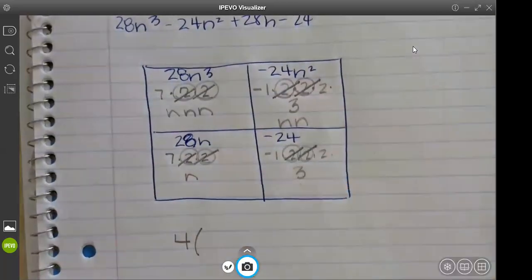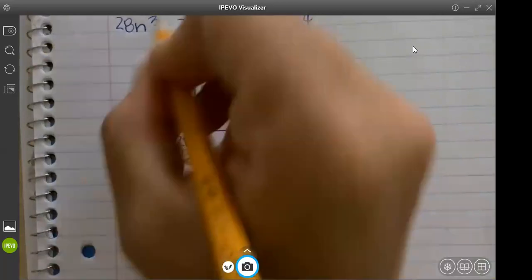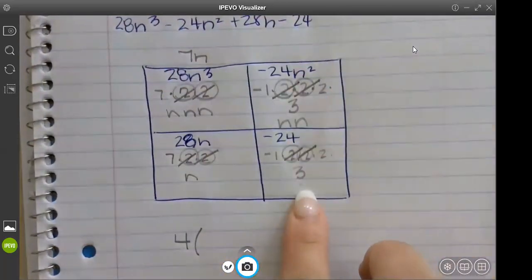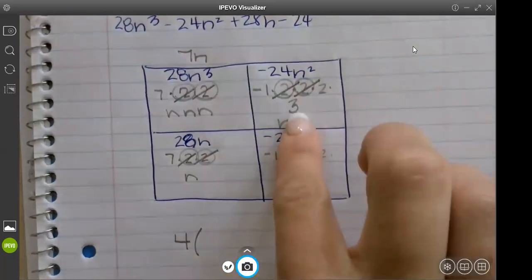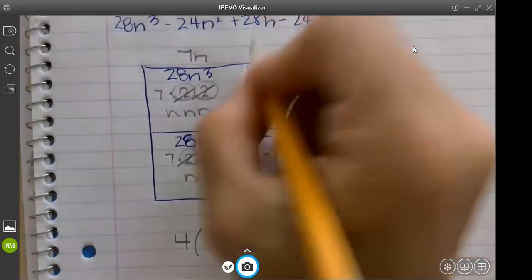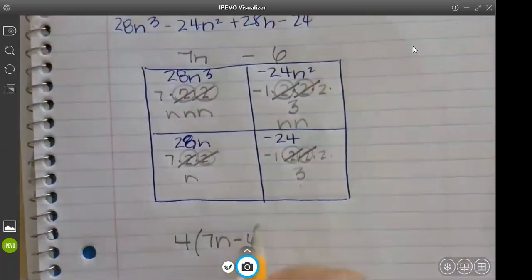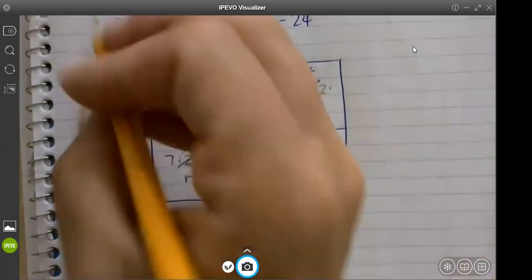So I got it? Top to bottom, what's in common? 7 and an n. Top to bottom, what's in common here? A negative 1, a 2, and a 3. What's 2 times 3? And a negative 1. Negative 6. That's your first parenthesis. Along the side, what's in common? 2n.